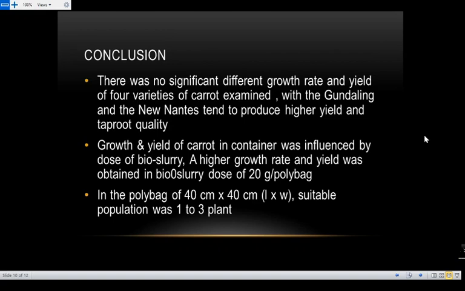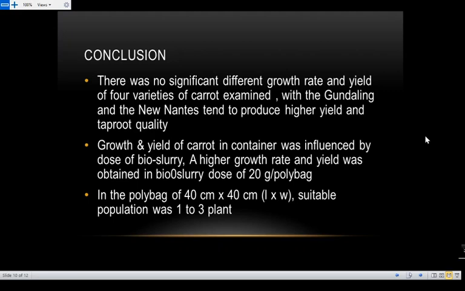We can conclude that there was no significant difference in growth rate and yield of the 4 varieties of carrot examined, with Gundaling and New Nantes tending to produce a higher yield and taproot quality. Second, growth and yield of carrot in container was influenced by dose of bioslurry.